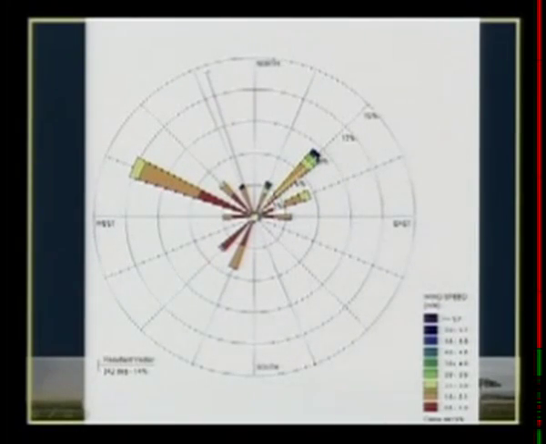Similarly I can plot along all the wind directions what has been the percentage of the wind speed, and then we provide a legend here. You can see here what wind speed. We also provide information on the calm conditions, and we also provide the resultant vector.